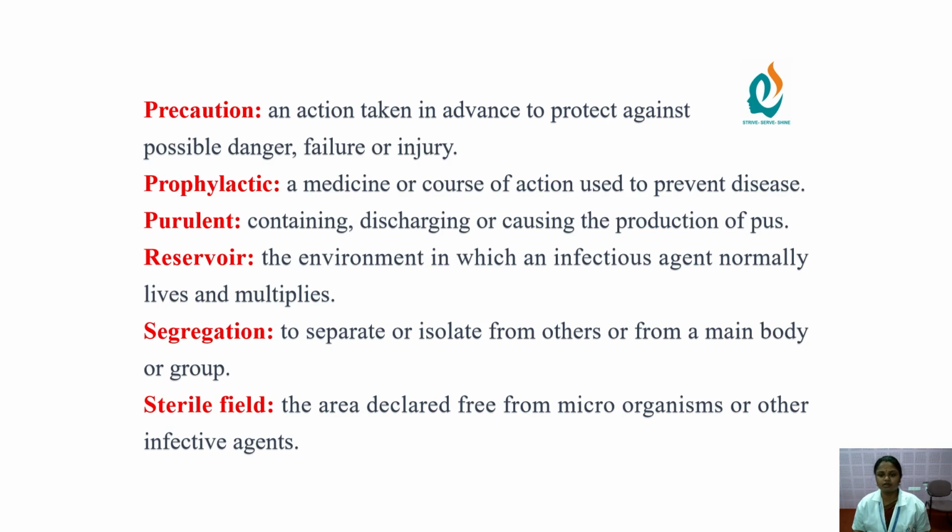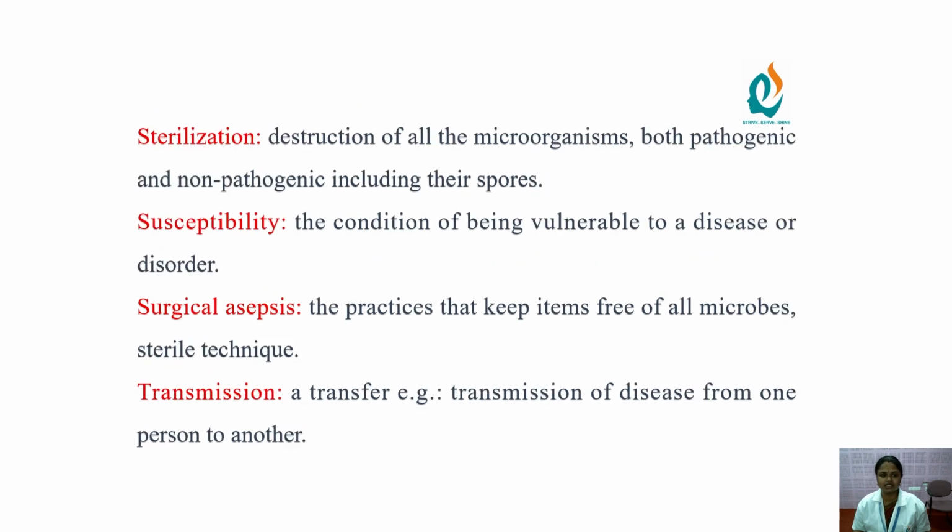Prophylactic, a medicine or a course of action used to prevent disease. Purulent, containing or discharging pus. Reservoir, the environment in which an infectious agent normally lives and multiplies. Segregation, to separate or isolate from others or from a main body or a group. Sterile field, the area declared free from microorganisms or other infective agents.